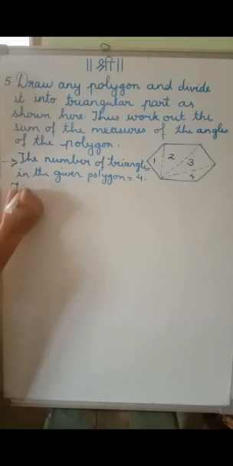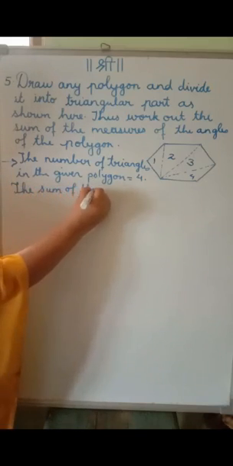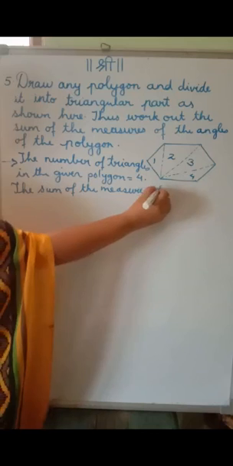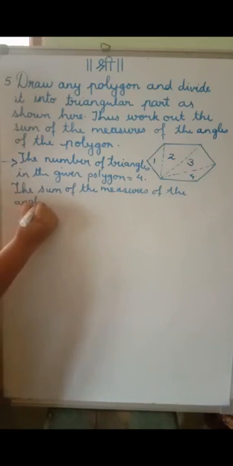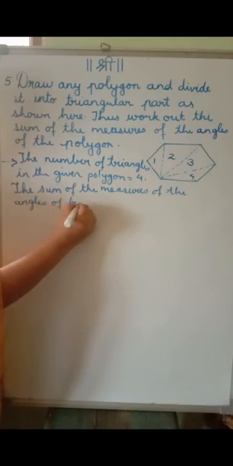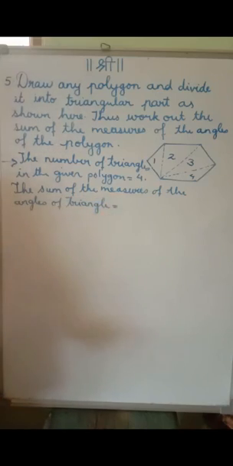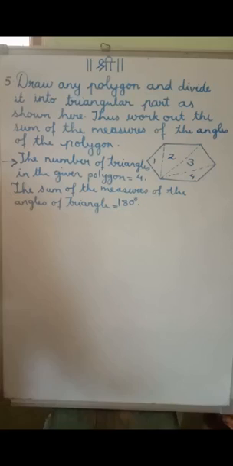So we'll write the sum of the measures of the angles of a triangle. A triangle is having how many angles? Very good, 3 angles. And their sum is how much? We have learned that. Very good, that is 180 degrees.